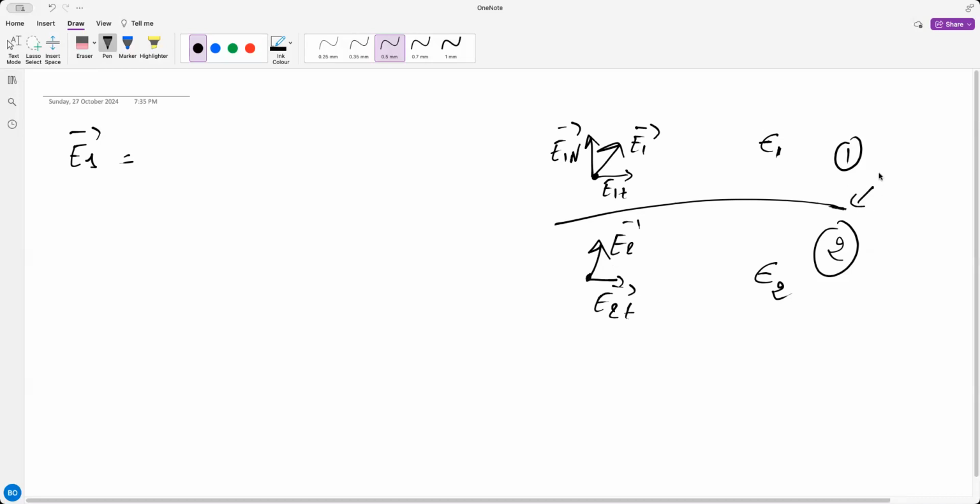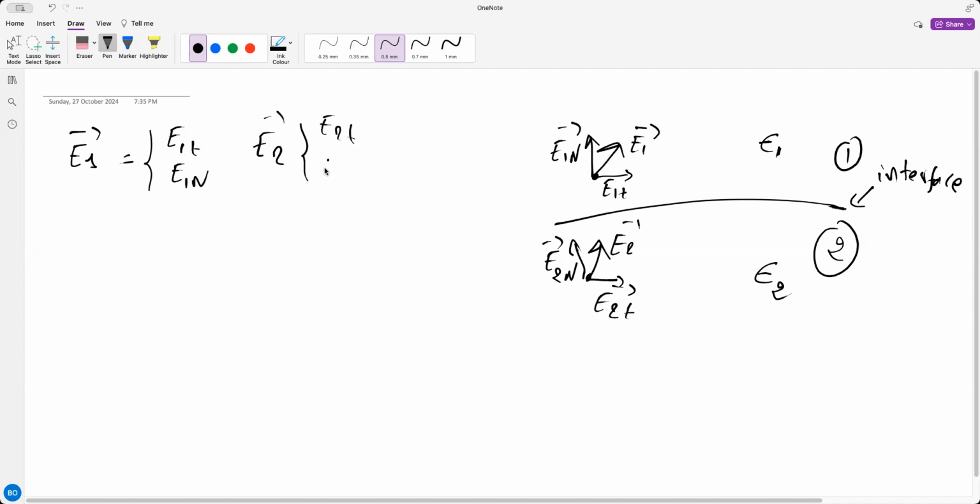So this is the interface between the two materials, and normal, E2 normal. And the question here is, E1 has a tangential and normal. E2 has, again, also tangential and normal. So what happens to those tangential and normal components when we cross the borders?